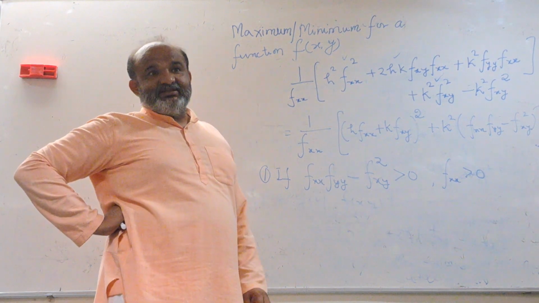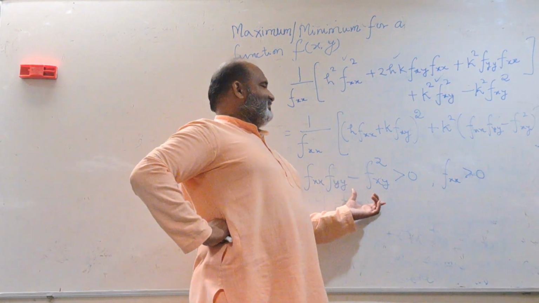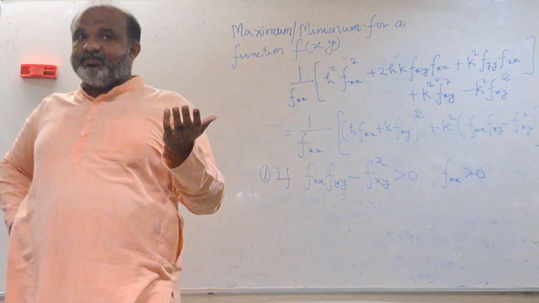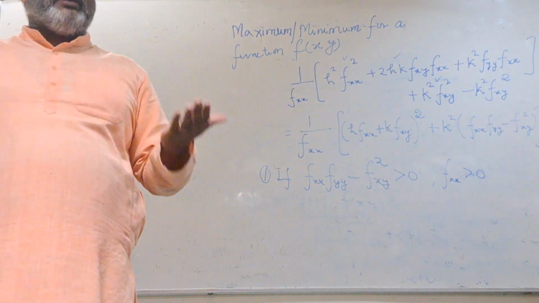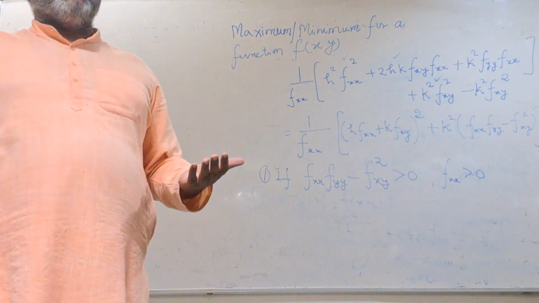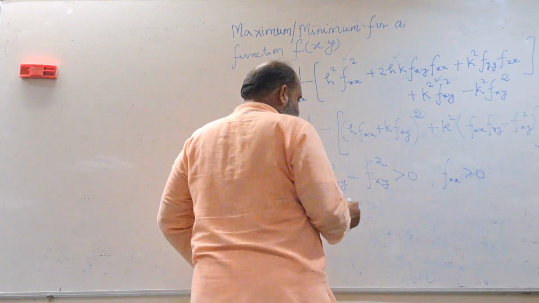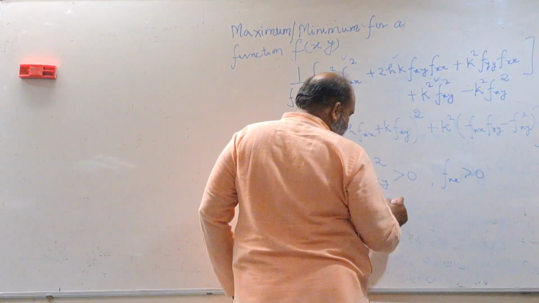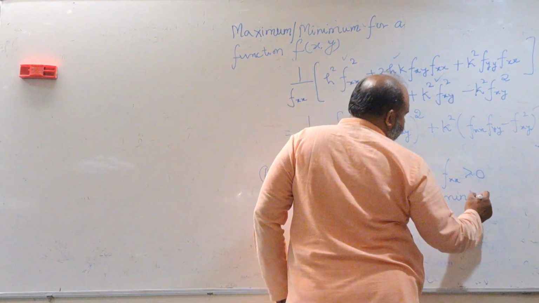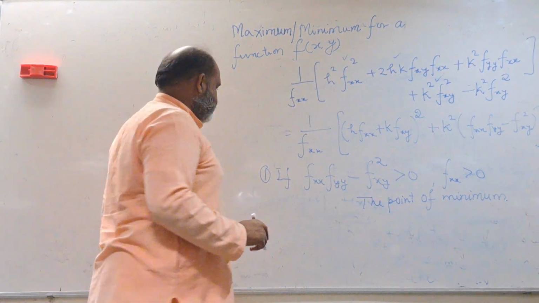So fxx is always greater than 0. Now what is this case? Now this term will always be positive, and if this is positive, this is the case of minimum. Now I have the condition, then point of minimum, right? Confirm?